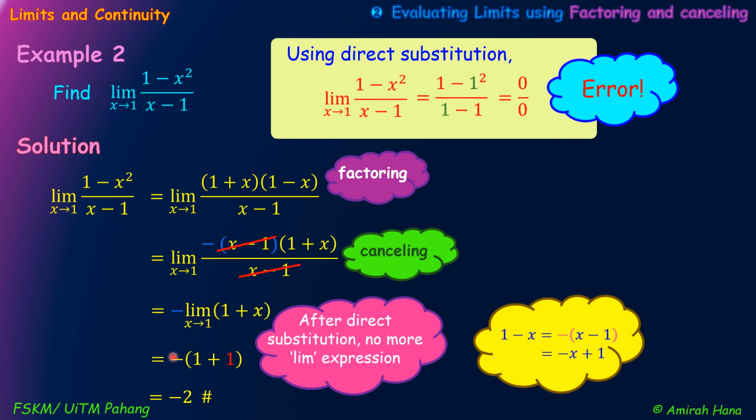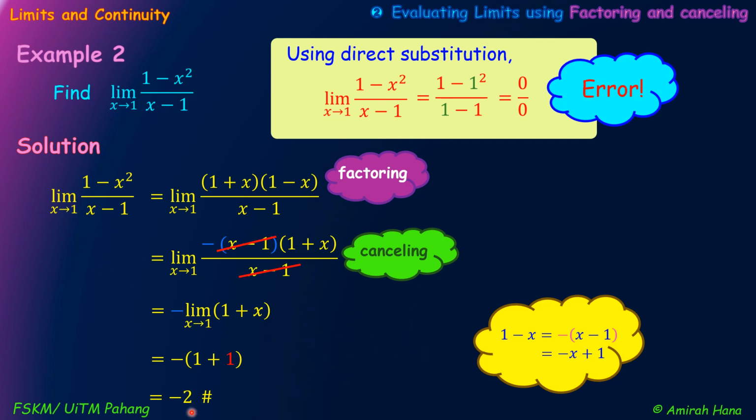After that, we simplify, so we get the final answer equal to negative 2. So this is the final answer. We factorize the quadratic and then we cancel, if direct substitution gives 0 over 0. Got it?